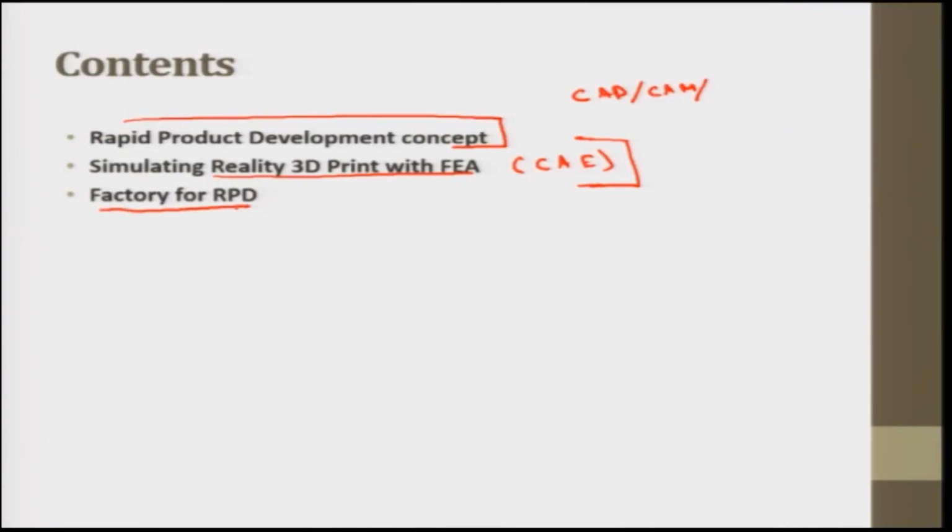Then I will discuss the factory for rapid product development. In this lecture, I will just introduce what is an additive manufacturing factory or a rapid manufacturing factory, but we will also see plant simulation. Like we can simulate for the product, the various stresses, various parameters of the product are taken into account and are simulated before actually manufacturing the product.